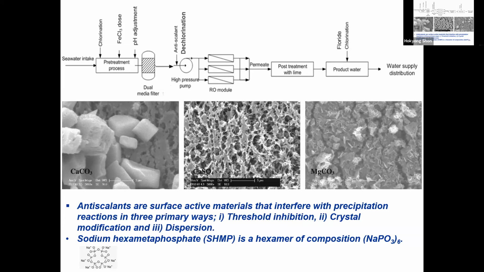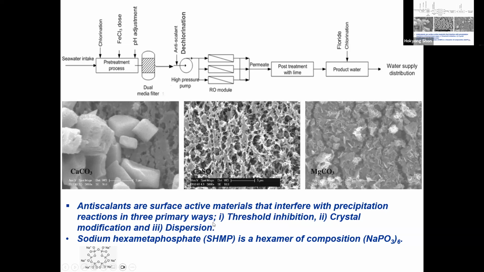As more CO2 increases and dissolves inside your seawater, it also creates more of a problem for this inorganic scaling. So anti-scalants are surface active, so we need to put in the anti-scalant.